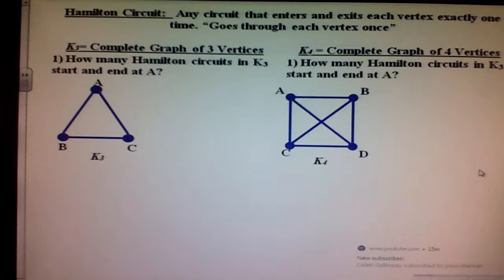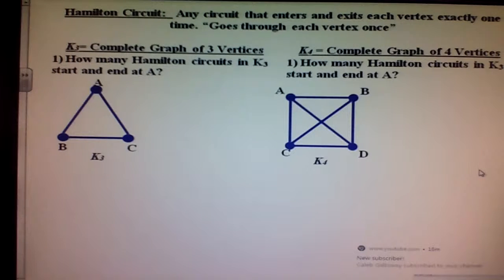All right. Here's the last piece. In a complete graph, you will be able to tell me how many distinct Hamilton circuits you have using a formula. Okay, so take a look at my complete graph of 3 vertices.